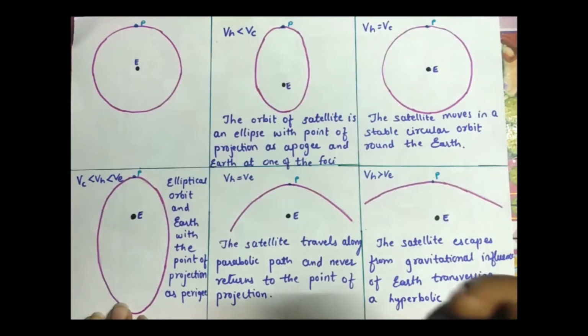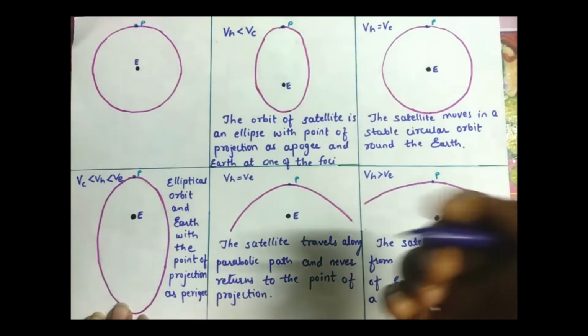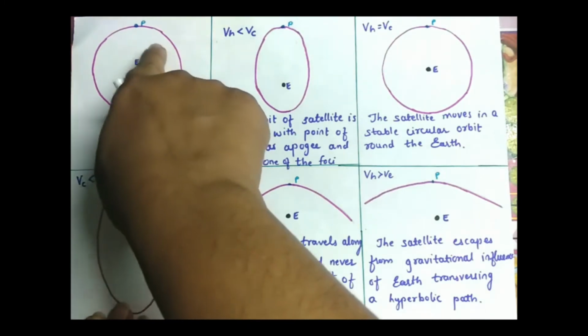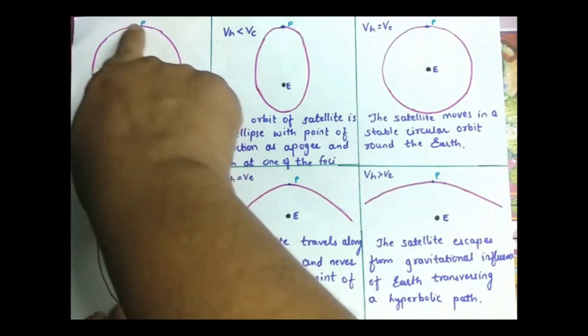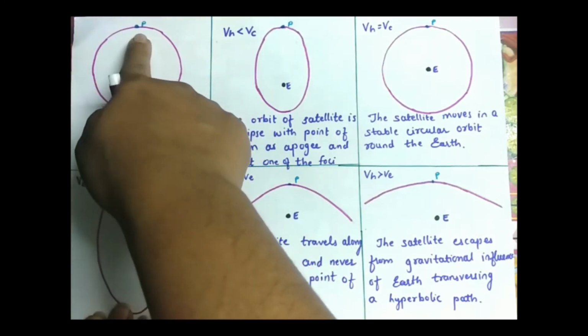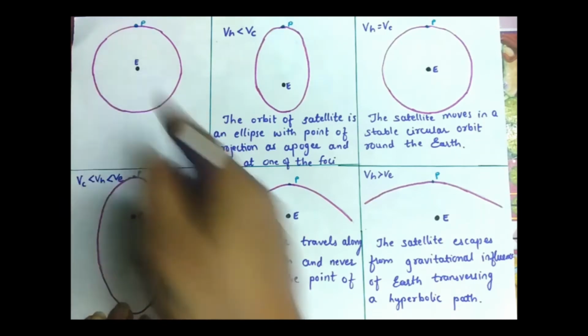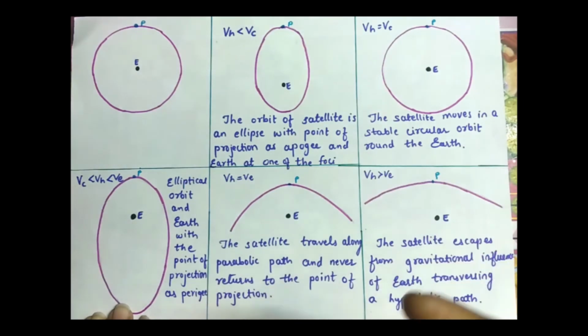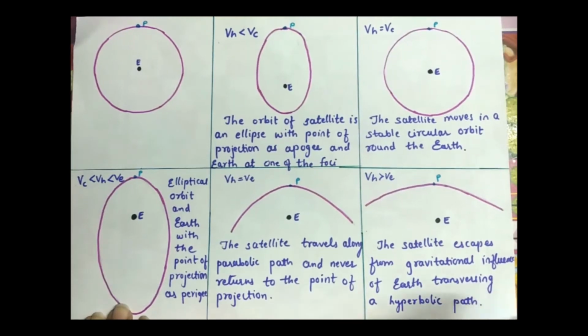You have to decide what velocity should be given to the satellite. Here P is the point of projection. Think that here it is a satellite. Now, when you are launching a satellite through a two-stage rocket, you have to give the velocity so that the satellite should revolve in a circular orbit.